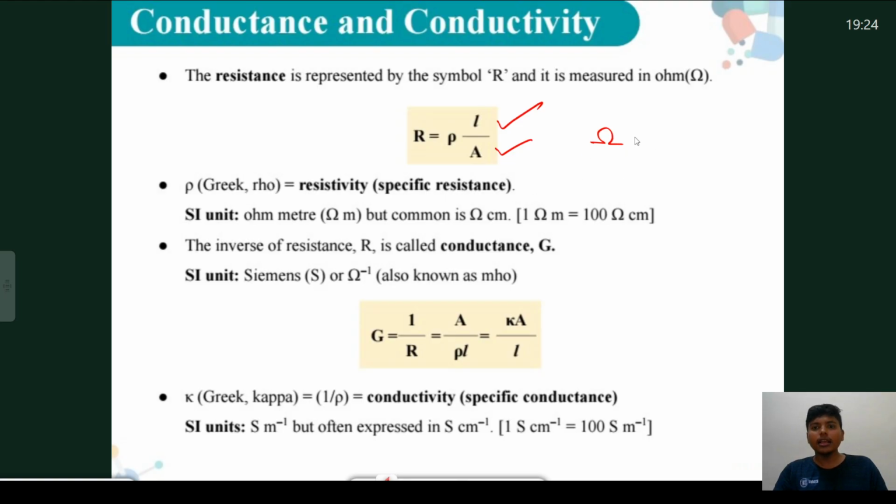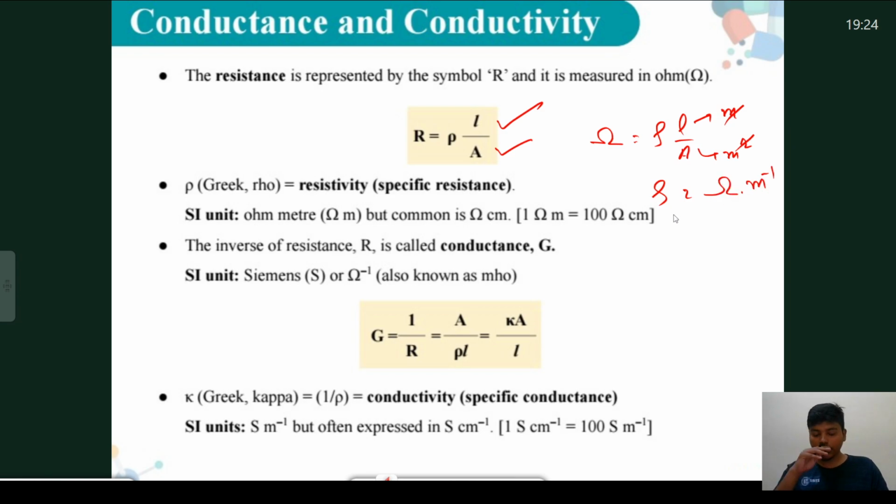Let's suppose we are calculating the unit of rho. From R = rho L by A, the unit of L is meter and the unit of A is meter square, so meter and meter square will cancel. So the rho unit will be ohm meter.